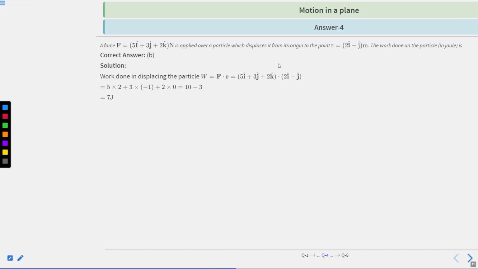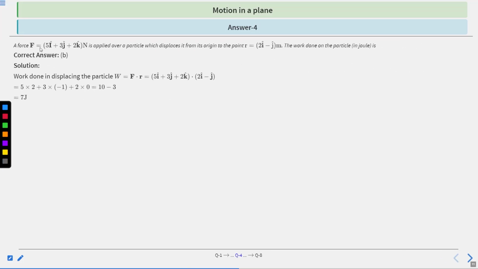Let's find the solution. Given is the force F equal to 5i plus 3j plus 2k Newton, applied over a particle which displaces it from its origin to the point r equal to 2i minus j meter. So for work done, we know the formula W equal to F dot r.